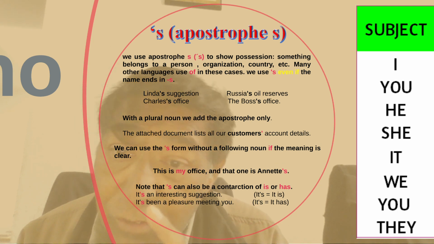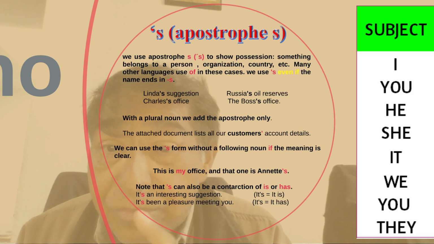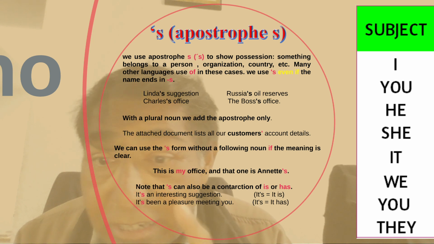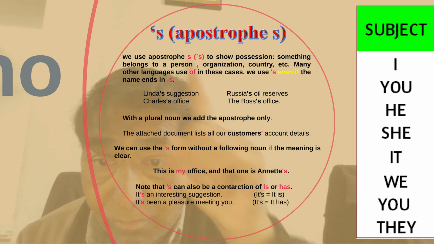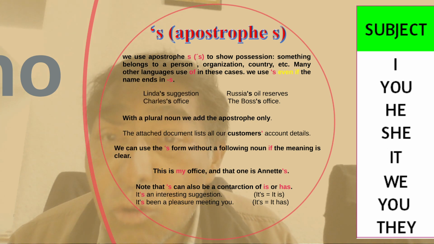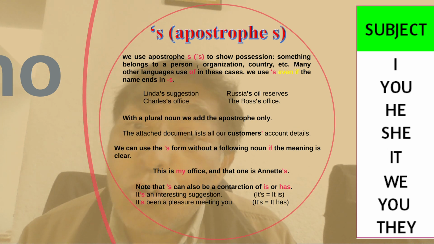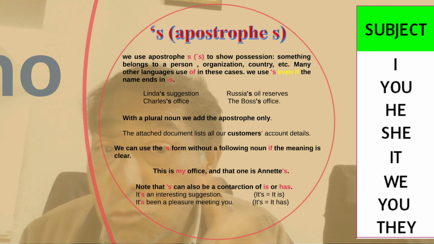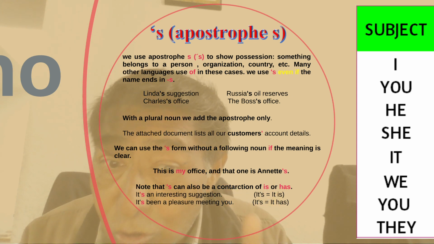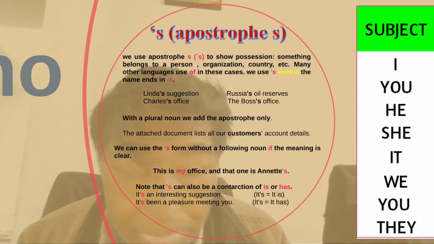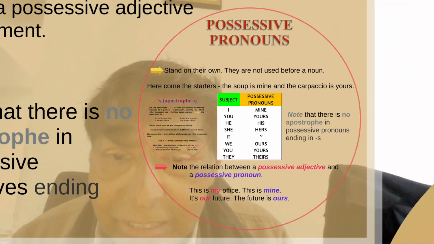It is as a verb or it is as an apostrophe. So we can indicate possession or verbs, but we have two verbs: it is or it has. Okay, so be careful with that.